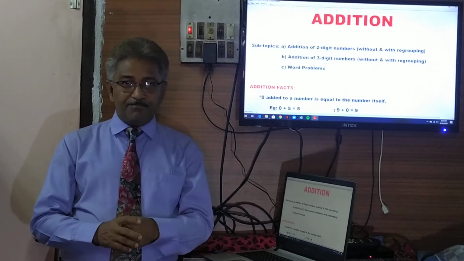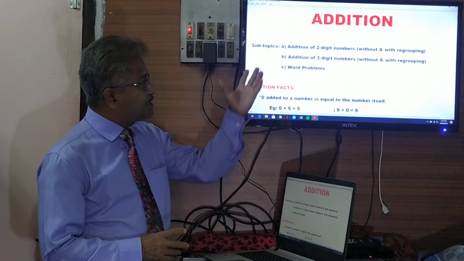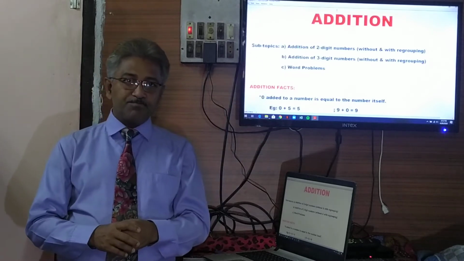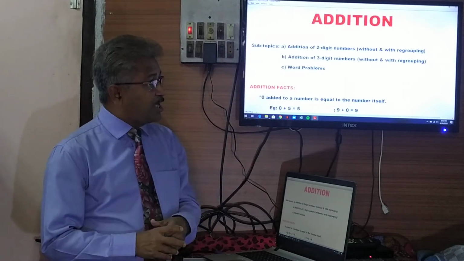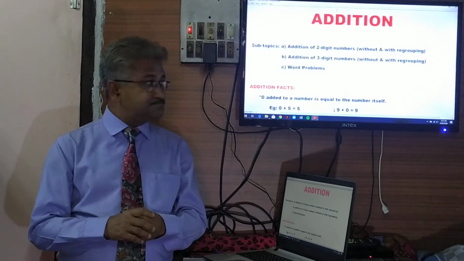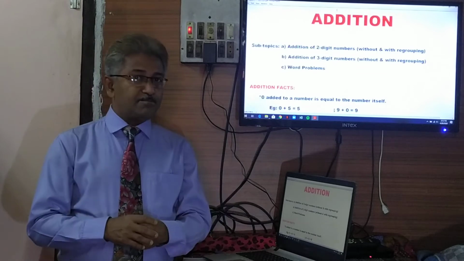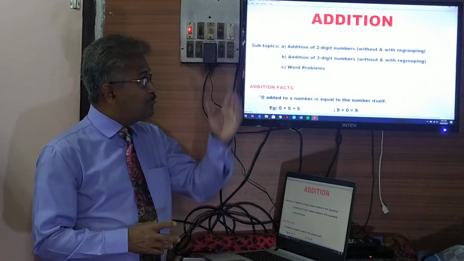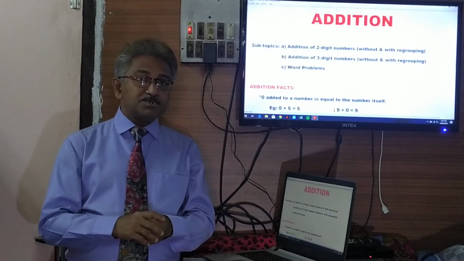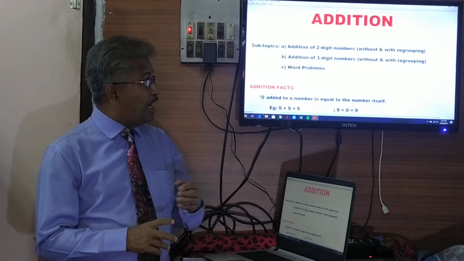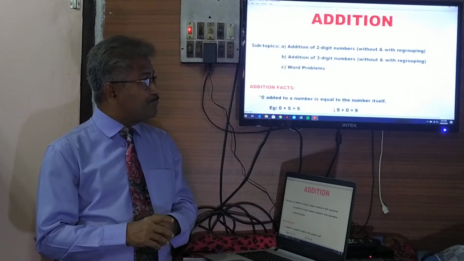We are going to see specifically 3 subtopics. How do we add 2-digit numbers without and with regrouping? How do we add 3-digit numbers without and with regrouping?